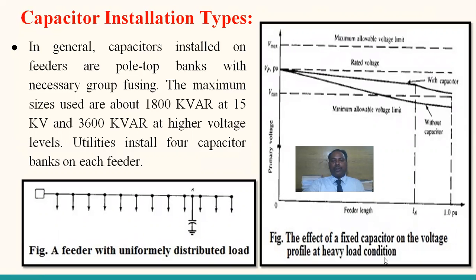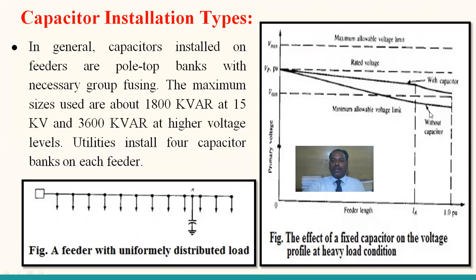So loads are continuously changing, heavy load, light load, like this. A fixed capacitor is permanently connected to the line. During the heavy load condition, without capacitor, the voltage profile decreases beyond the minimum allowable limit.